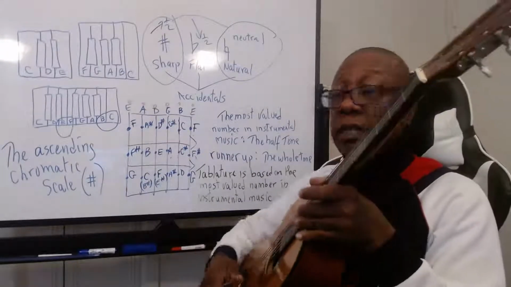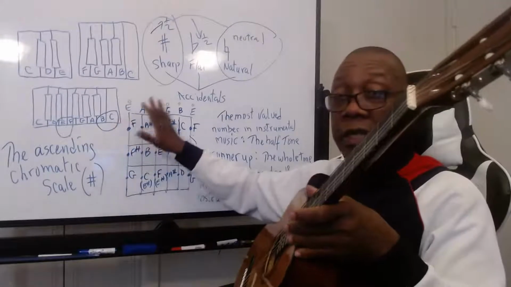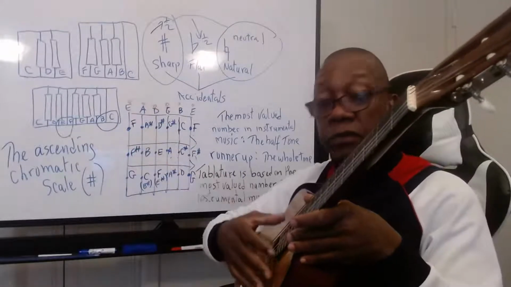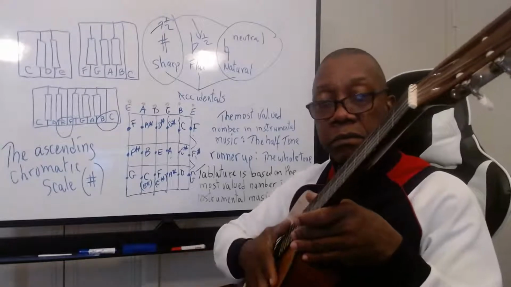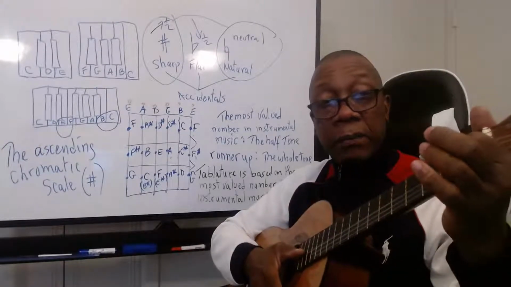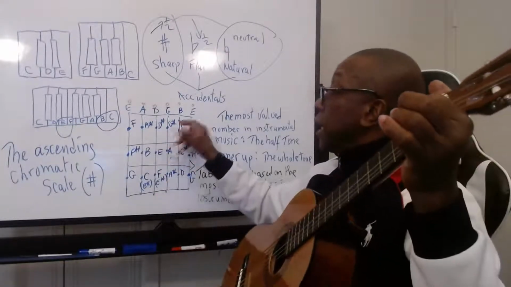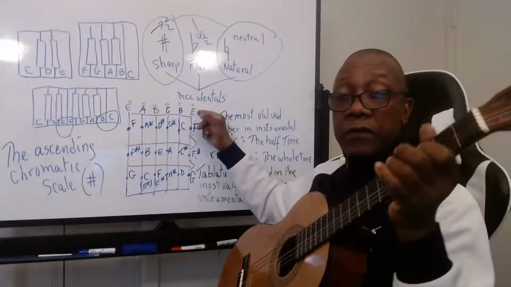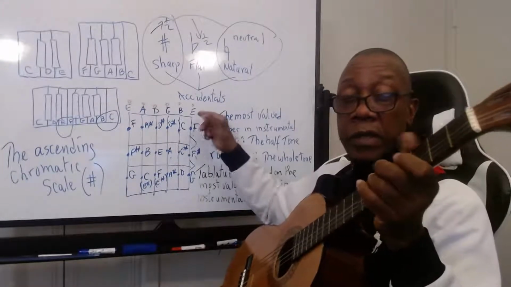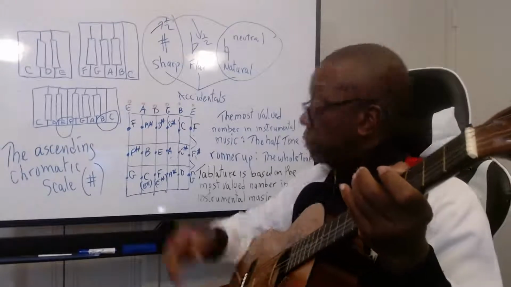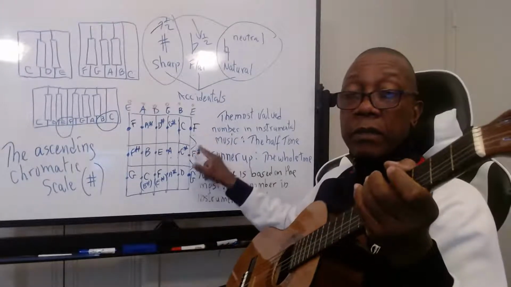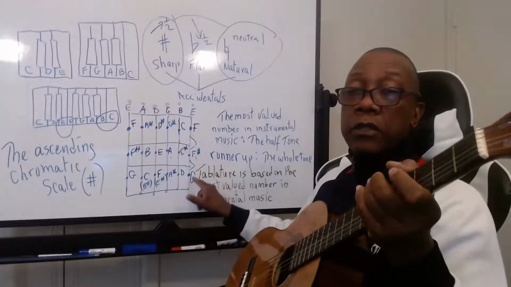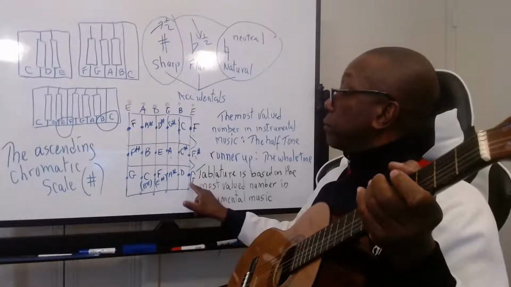Let me review it. If I do not touch any of the strings, I play a strum. As soon as I touch, I will start picking or strumming. I touch the first string, which is open E. When I touch it, it becomes F on the first fret, F sharp, second fret, G, third fret.